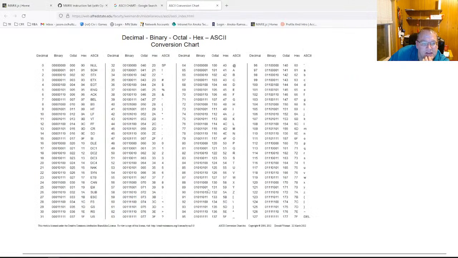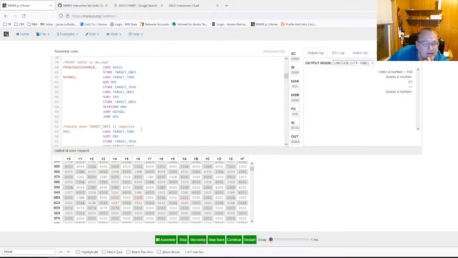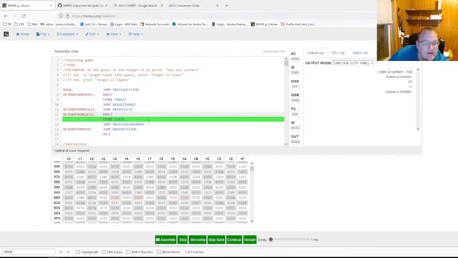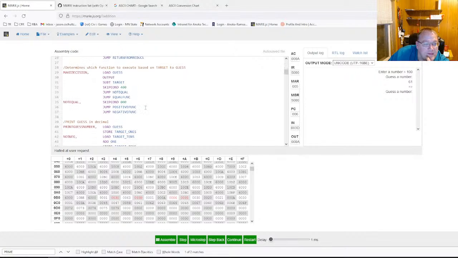So let's find what's the equal symbol. The equal symbol is 3D. Okay, so that's what that's doing in make a decision. You should still have a positive.